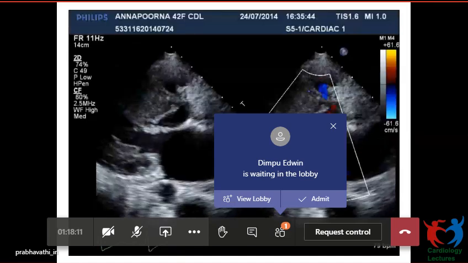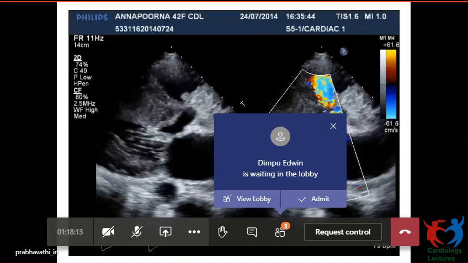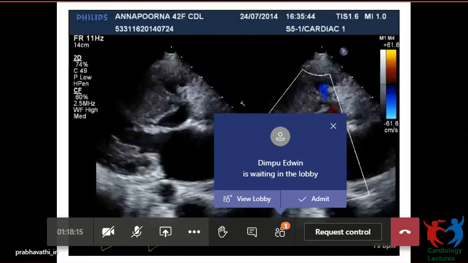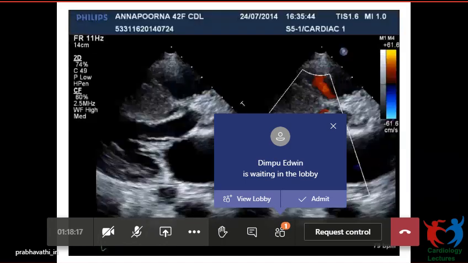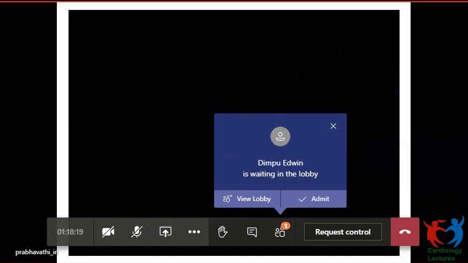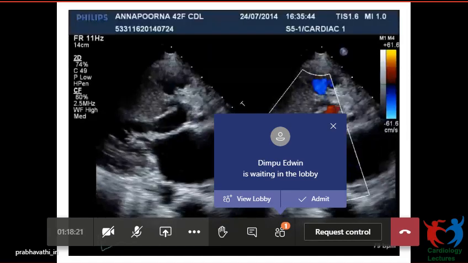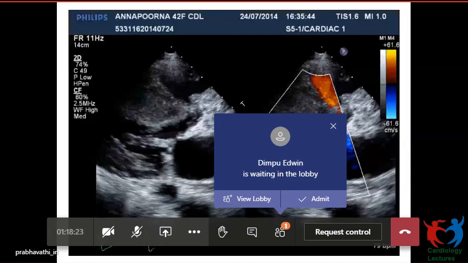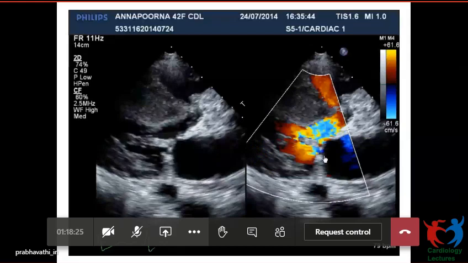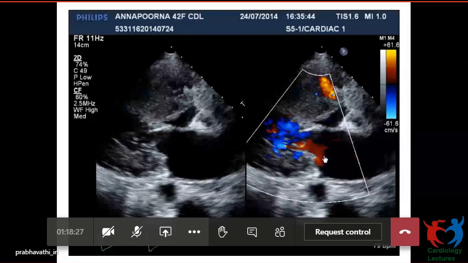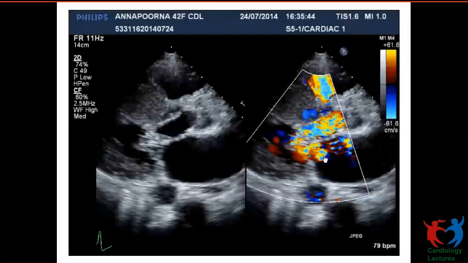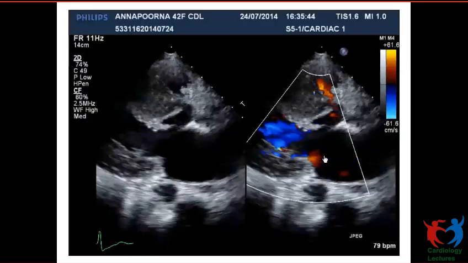Then what is this? Eccentric jet MR, eccentric posterolateral. So is this MR because of HOCM itself, SAM itself, or is it a primary mitral problem?